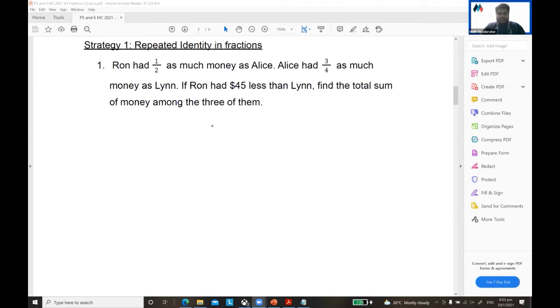Strategy number 1. Ron had half as much money as Alice. Can you type in your chat how many units does Ron have and how many units does Alice have? Most of you seem to have gotten it.